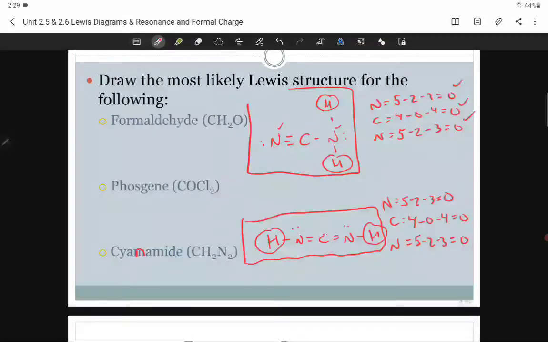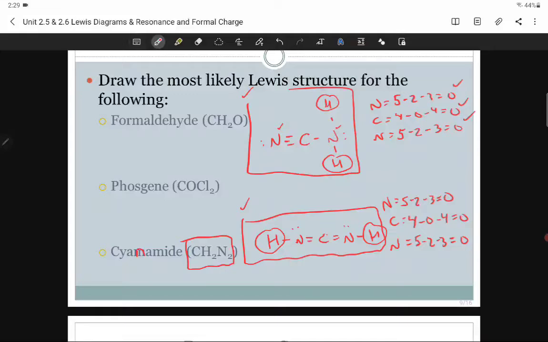That occasionally occurs. By the way, you probably could have come up with many different ways to put the carbons, hydrogens, and nitrogens together that would not have been either of these two structures. Those likely would not have formal charges that would be 0, 0, 0 like this is. So what does that mean? That means they're both right. And that's going to give us our next vocab, resonance.